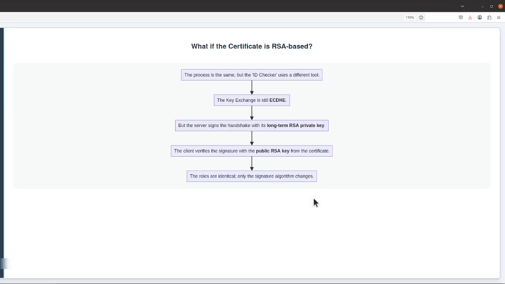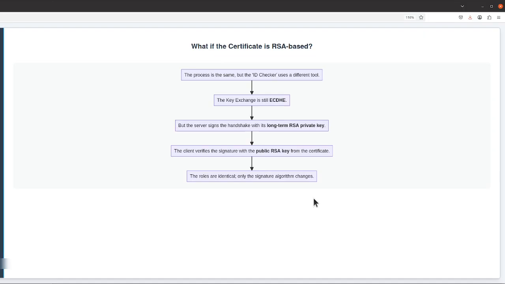What if the certificate is RSA-based? This is an excellent question. What if the server's certificate contains an RSA key instead of an ECC key? The process is almost exactly the same. The key exchange is still ECDHE, because forward secrecy is mandatory. The only thing that changes is the algorithm used for the signature.